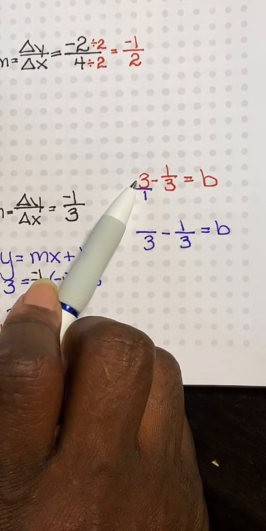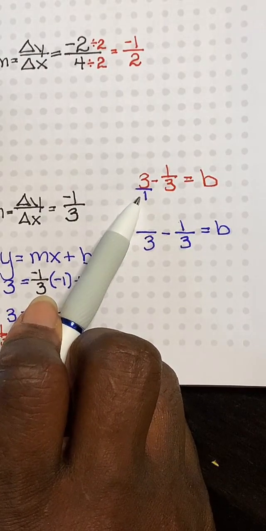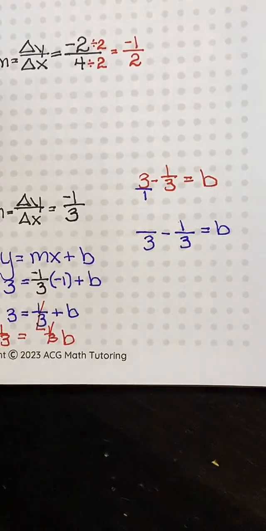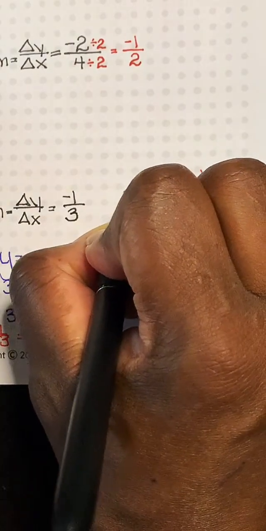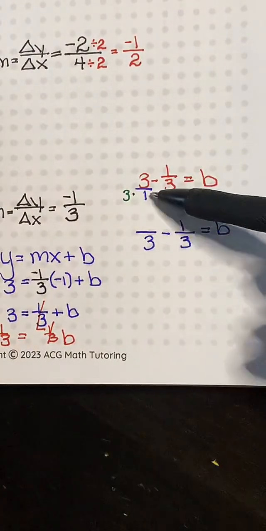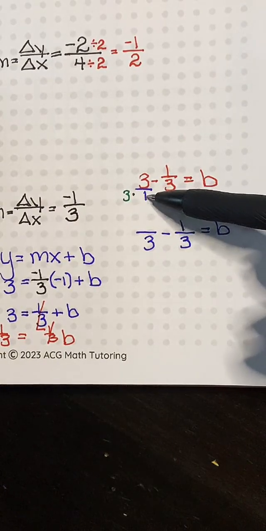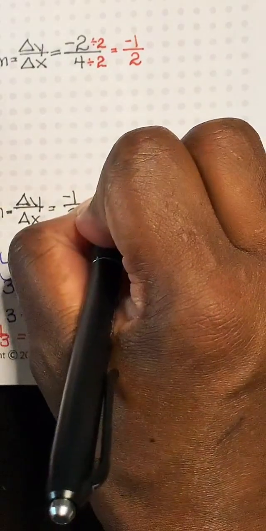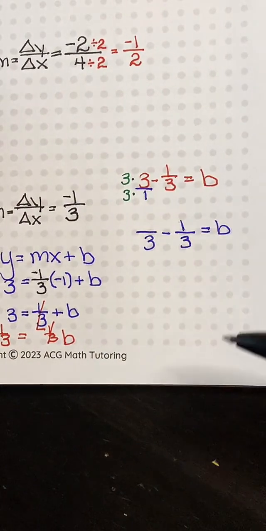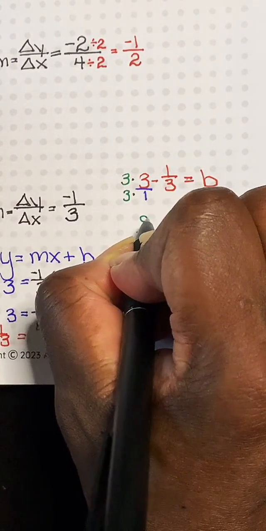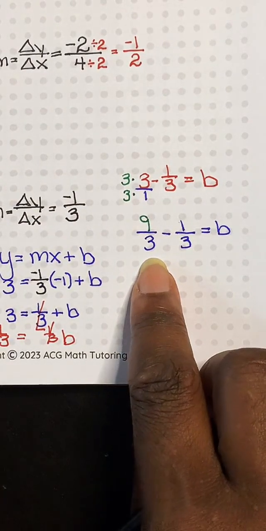But for me to change this fraction into a mixed number, or really an improper fraction, I need to multiply this 1 by 3. So to change this 1 to a 3, I need to multiply it by 3. Whatever I do in the denominator, I have to do in the numerator. So that's where people are coming up with a 9. But remember, it's going to be 9 over 3. Okay, let me pause right there. Let it marinate.